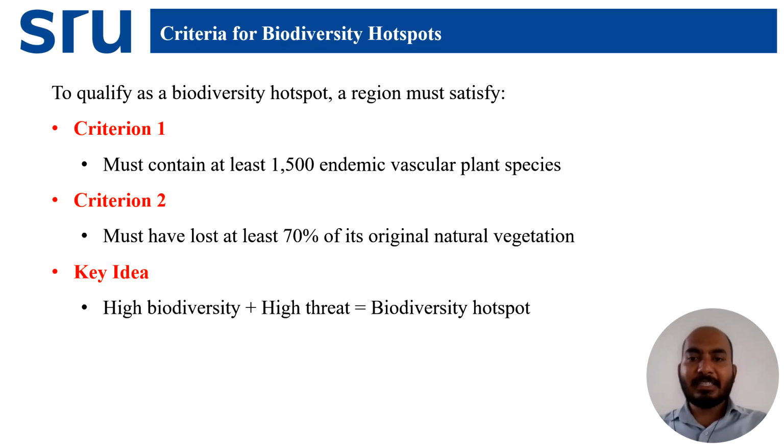Coming to the criteria for biodiversity hotspots, to qualify as a biodiversity hotspot, a region must satisfy two conditions. The first one, criterion 1: it must contain at least 1500 endemic vascular plant species.